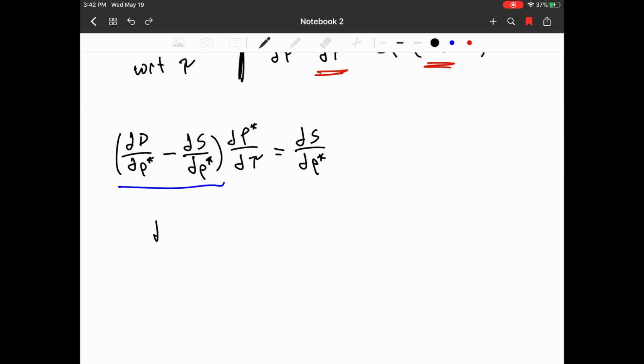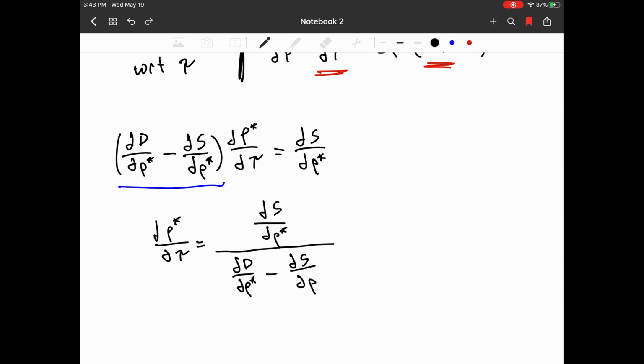So that's going to give us dp star d tau is equal to ds dp star all over dd dp star minus ds dp star.